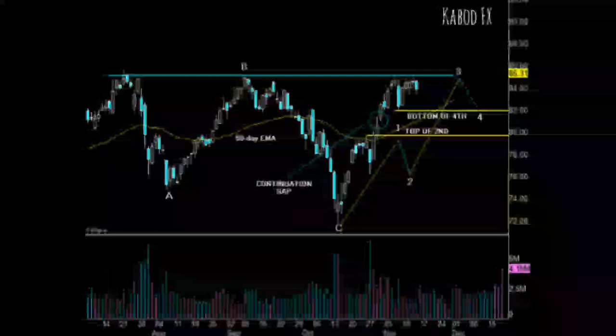And also, you see that this chart here has some additional characters around it. You can see the yellow undulating line, the 50-day moving average, and you can see also some trend lines.